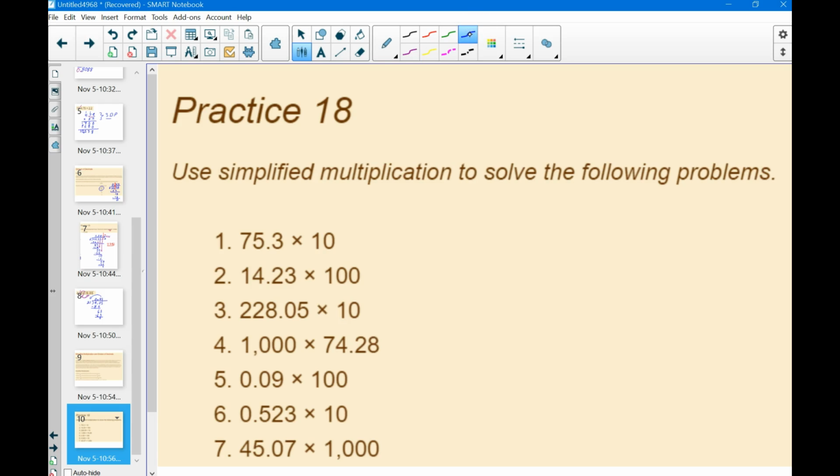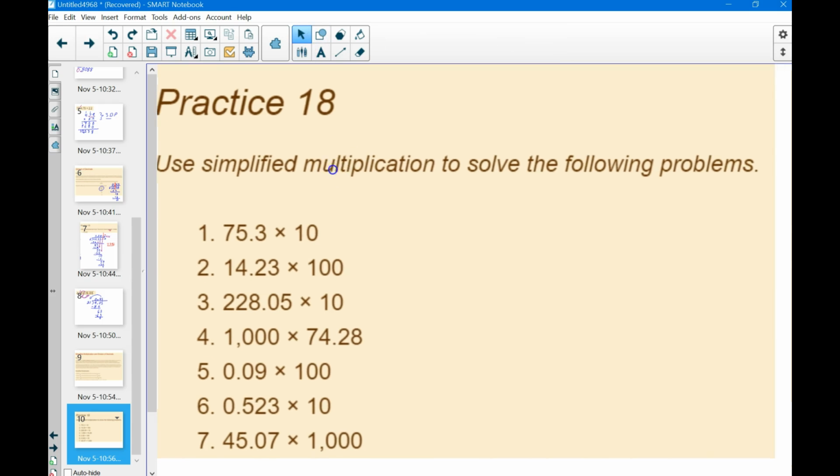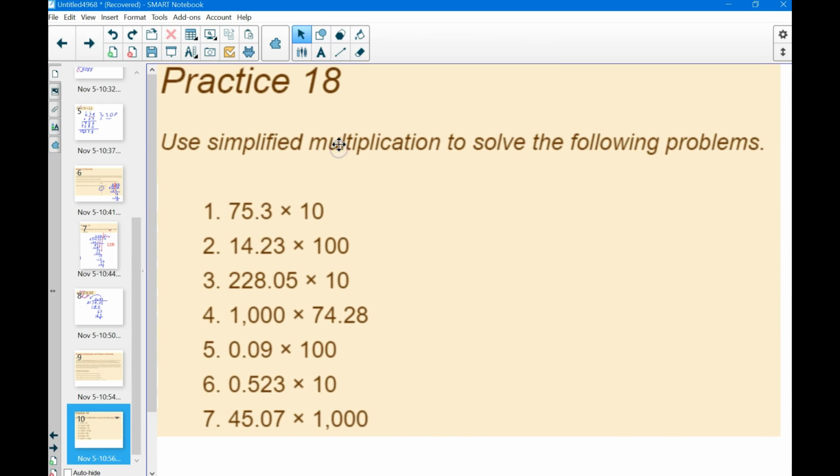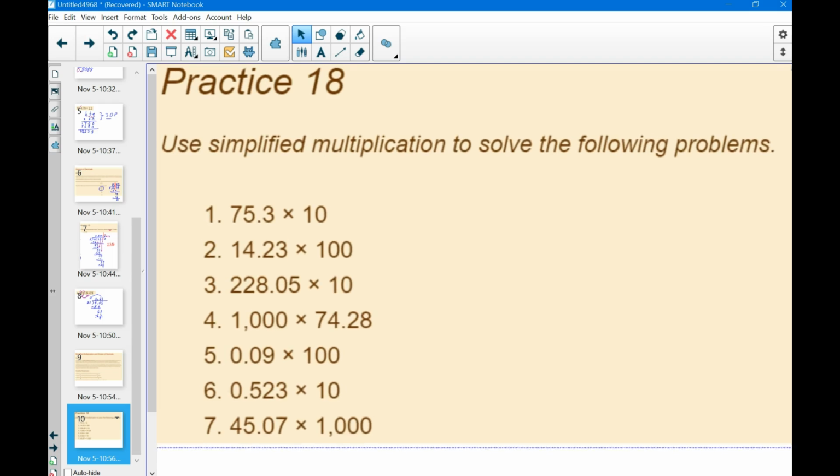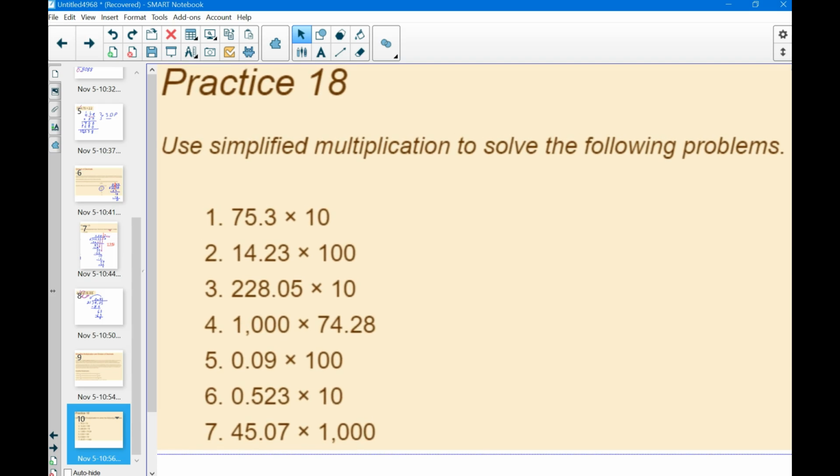Okay, so I'm going to get a bit bigger, I think. 75.3 times 10. So when I see this one here, multiplication, I'm going to move the decimal one place to the right.